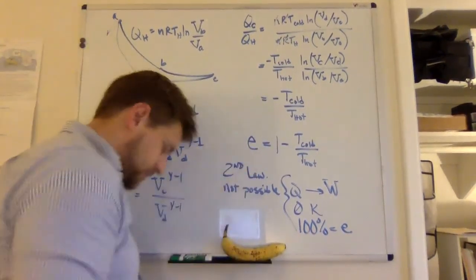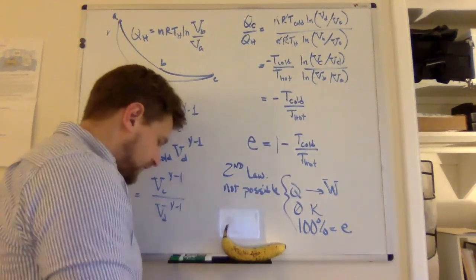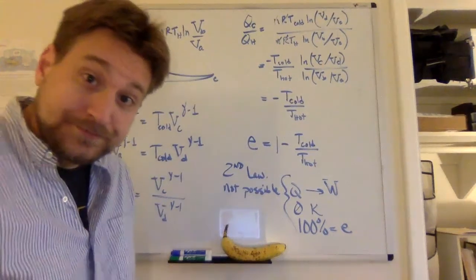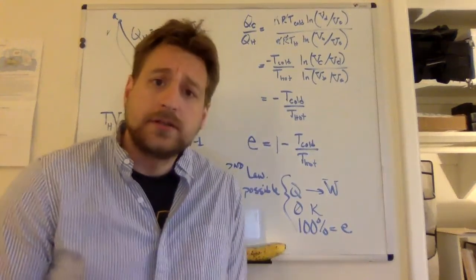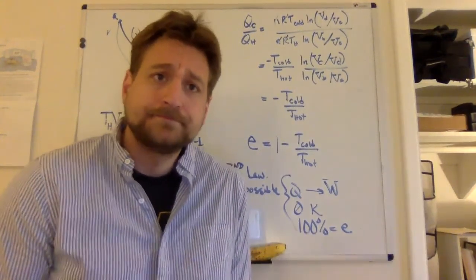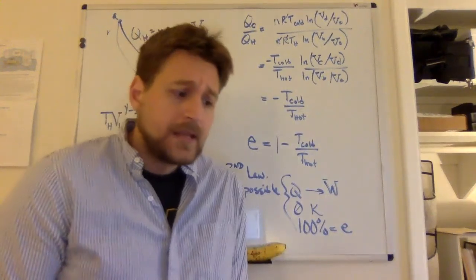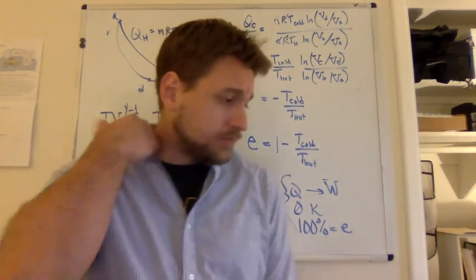The second law of thermodynamics is a statement about what is not possible. Every other law that we've encountered in the entire semester has been a statement of what must be true, what must be constant.